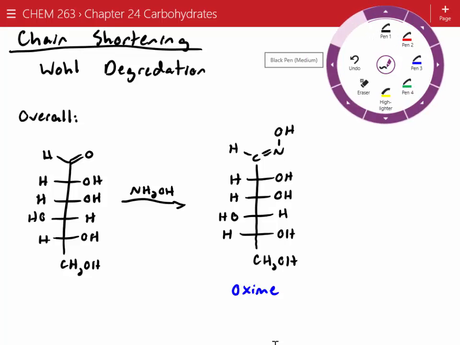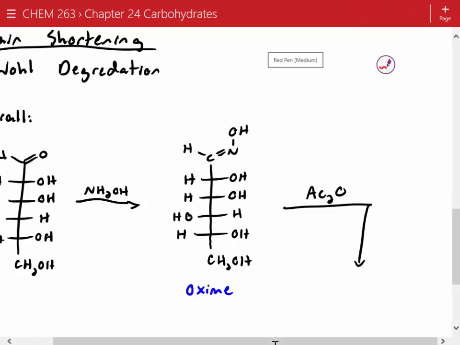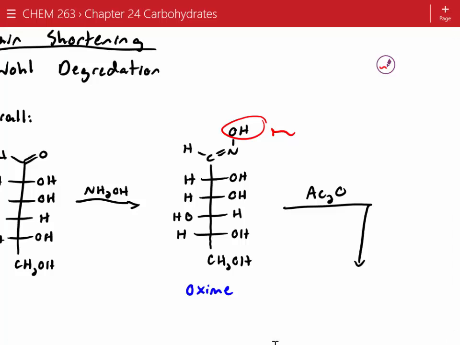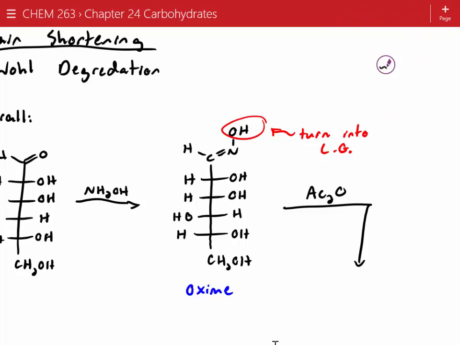And then the next step, what we're going to do is take acetic anhydride, which in this case will convert this alcohol into a good leaving group. And then you also use a buffer system.